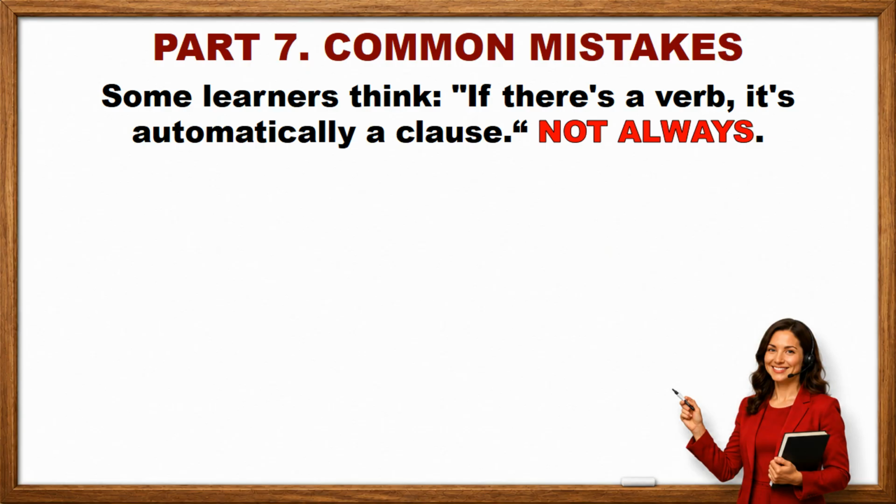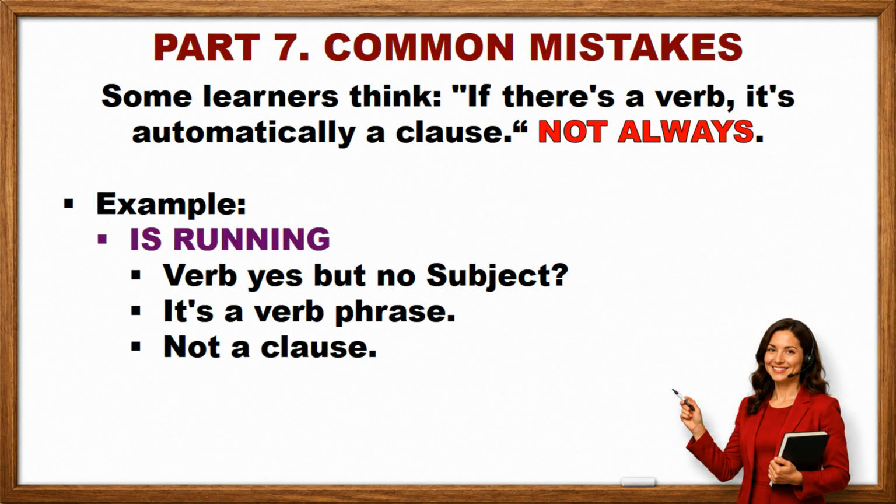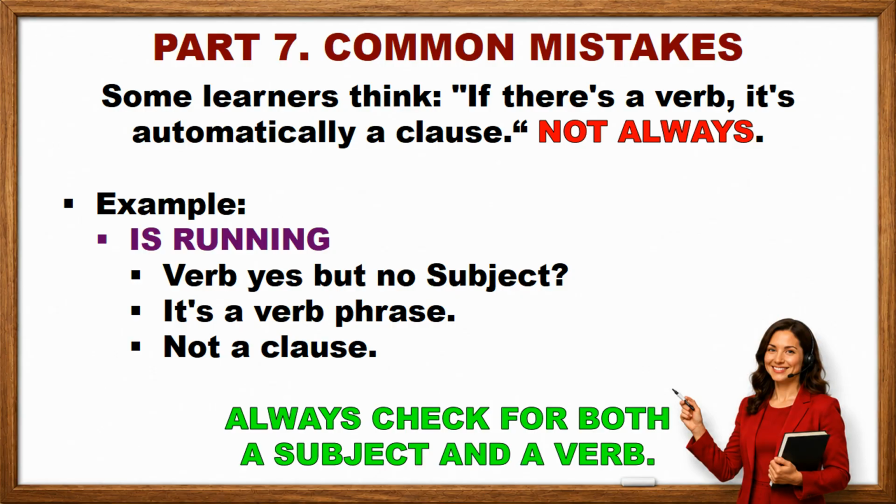Some learners think, if there's a verb, it's automatically a clause. Not always. Example: is running. Verb: yes. Subject: no. It's a verb phrase, not a clause. Always check for both a subject and a verb.